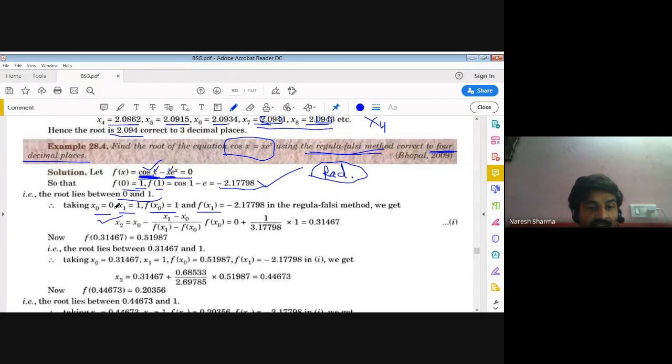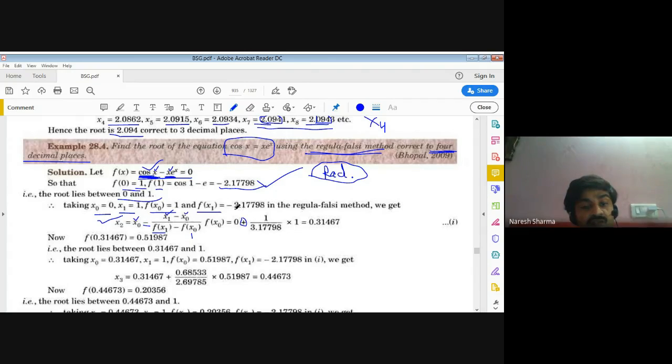So we put here x naught is 0, x1 is 1, the value of the function at x1 is minus 2.17798, and f(x naught) is 1. Minus and minus, take common, and this minus becomes positive.